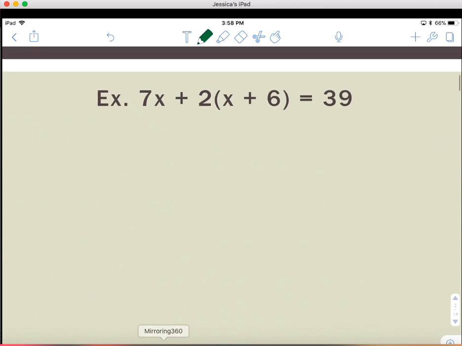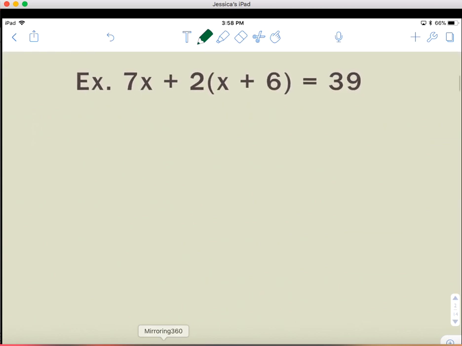7x plus 2 parentheses x plus 6 equals 39. This problem is a little bit different because of the parentheses. If you think back to middle school, you should have learned something called the distributive property whenever you have parentheses. Here's a refresher on what to do for distributive property. The 7x is going to be left alone for right now.